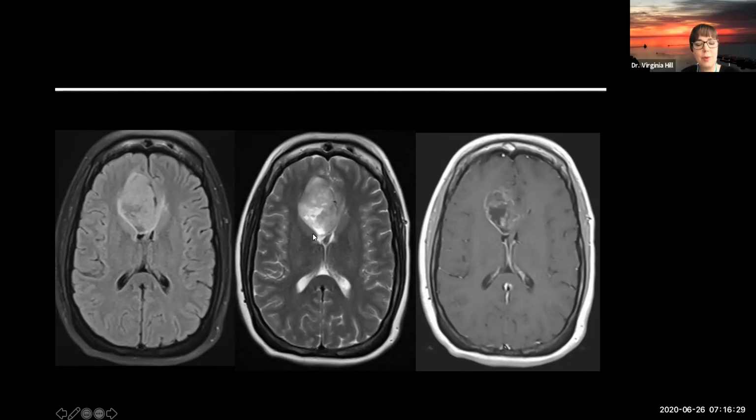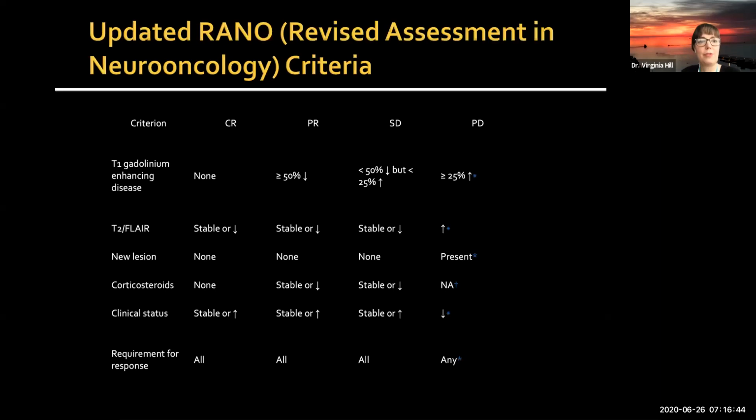Notice how on the T2 weighted image, the T2 signal is slightly what we call dirty, a little bit dark, indicating increased cellularity. And then again, on our contrast enhanced T1, we have this heterogeneous enhancement with necrosis, and this is a glioblastoma.